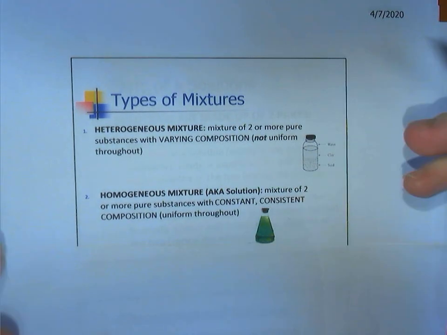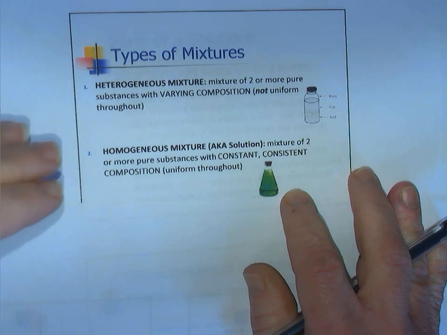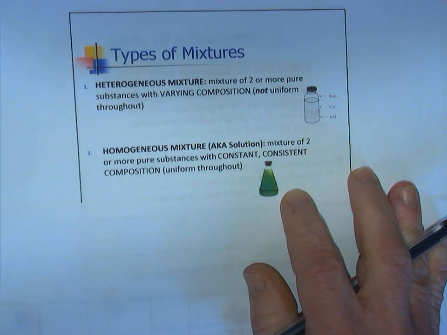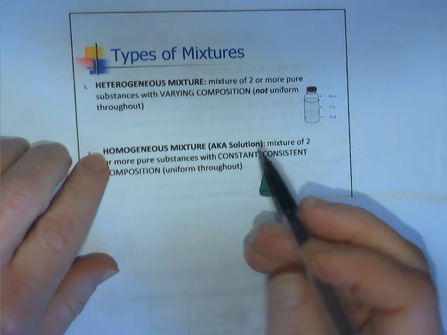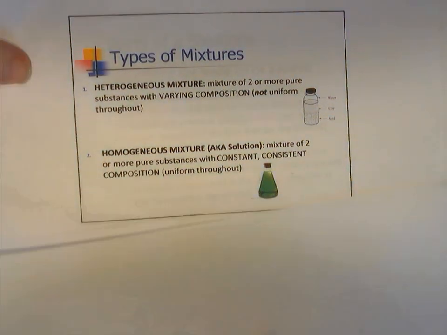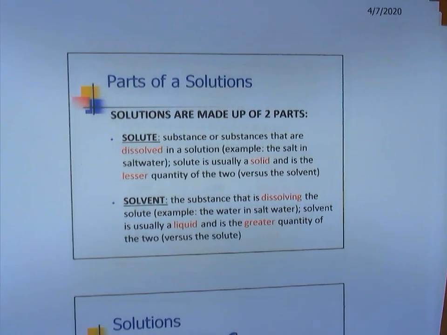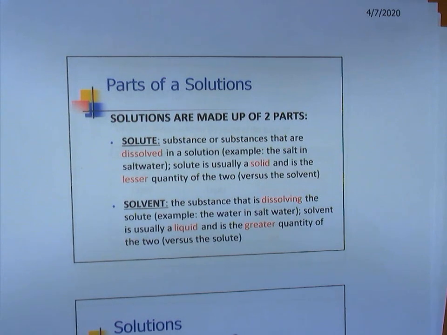Most substances, though, that you cannot see with the naked eye that they're made of different parts, the majority of them are homogeneous, which we can also refer to as a solution. Okay, so what are the parts of a solution? Well, a solution has two parts, the solute and the solvent.